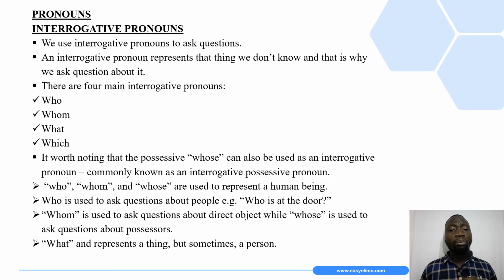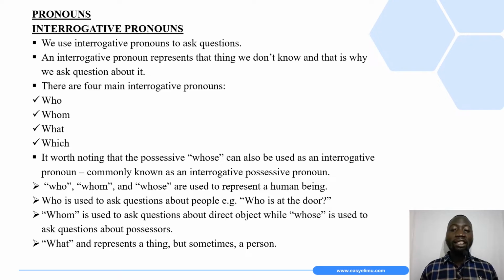So there are four main interrogative pronouns used to ask questions. These four are who, whom, what, and which.